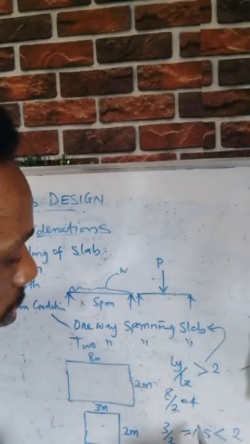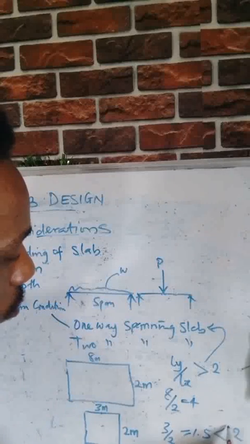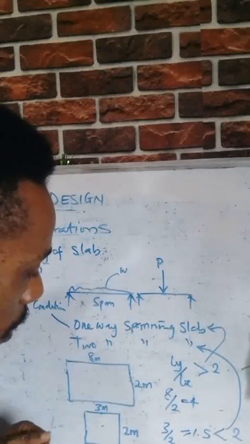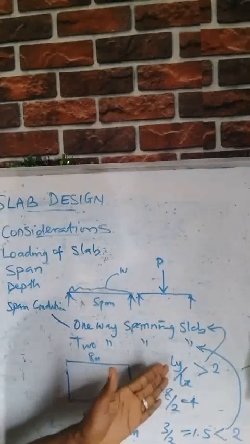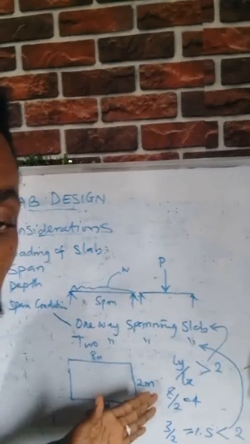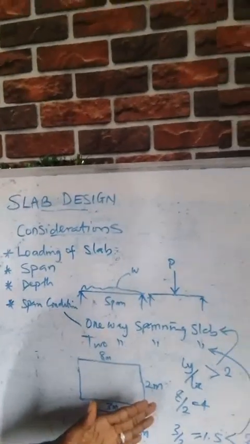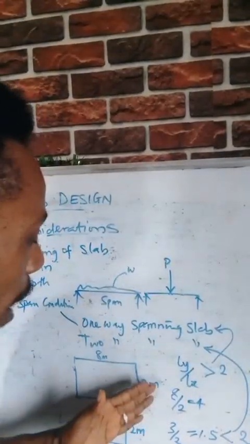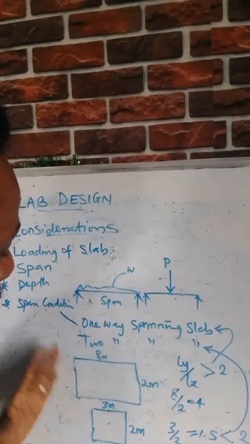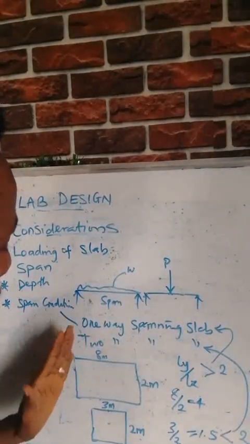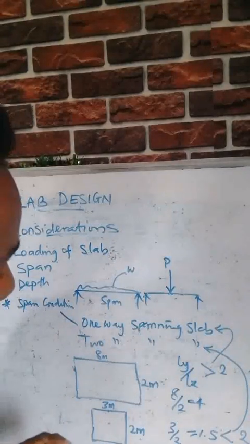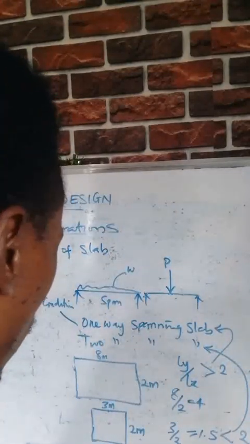Once your Ly over Lx is less than 2, this becomes a two-way spanning slab. So this is a ratio that you can use to assess and determine the boundaries in terms of the type of slab, either a one-way spanning slab or a two-way spanning slab. So take note of that.